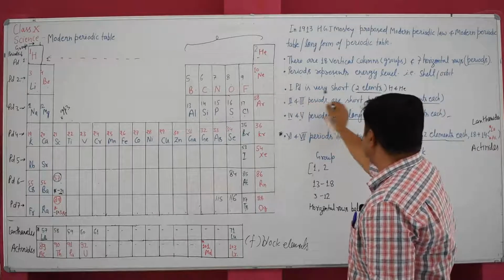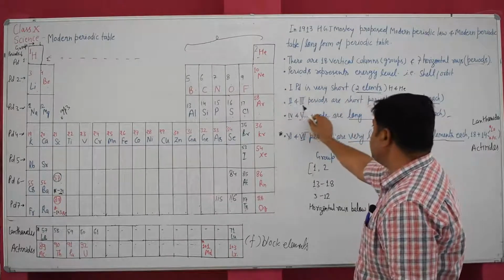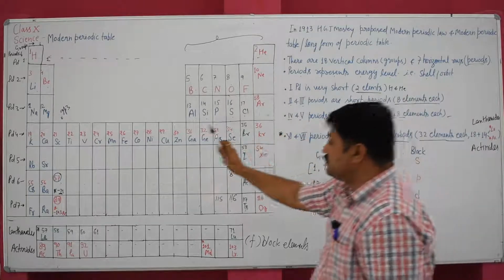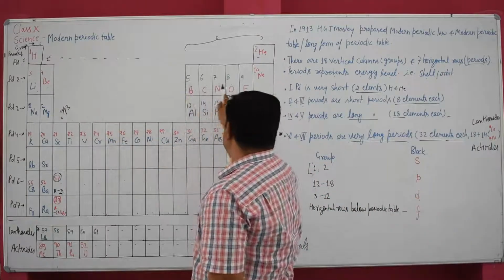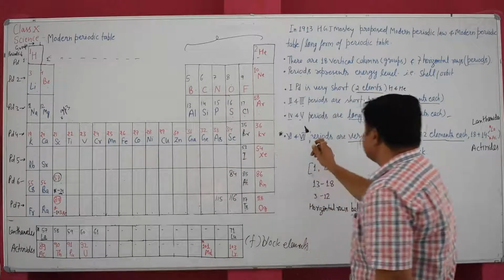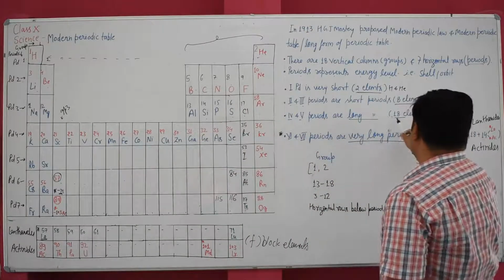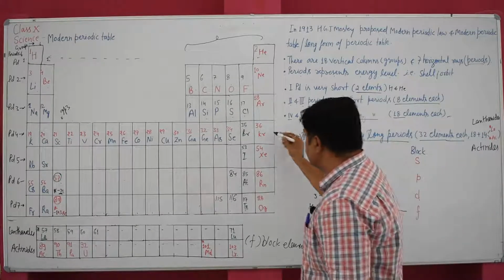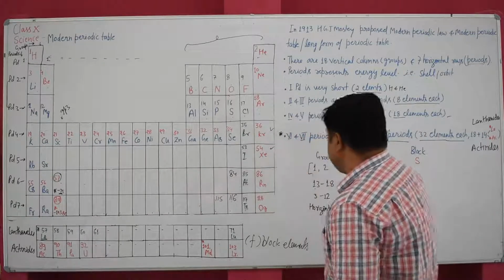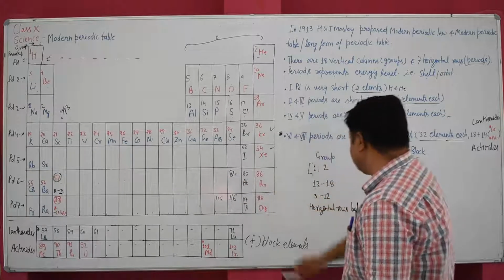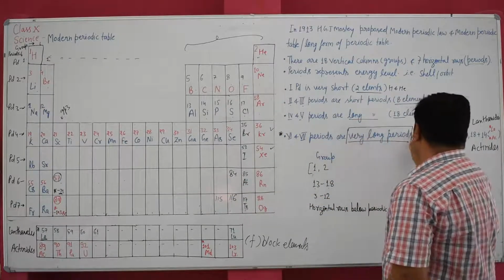First period is very short, having only 2 elements. Second and third periods are short periods, having 8 elements each, 1, 2, 3, 4, 5, 6, 7 and 8. In the same way, fourth and fifth are long, having 18 elements. This and this, 18 elements. And last 2 periods, period number 6 and period number 7, are very long periods.